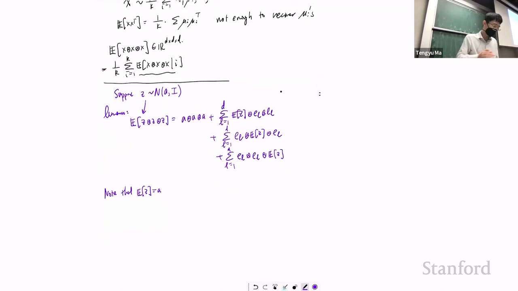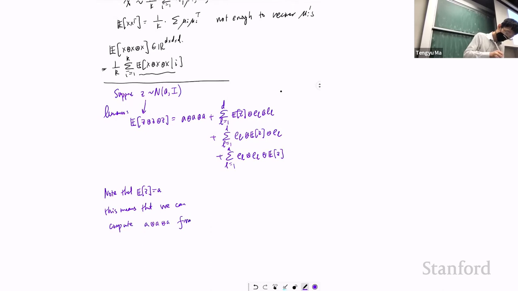Maybe the more important thing is that this means we can compute the tensor a from linear combinations, in some sense, of the third moment and the first moment.